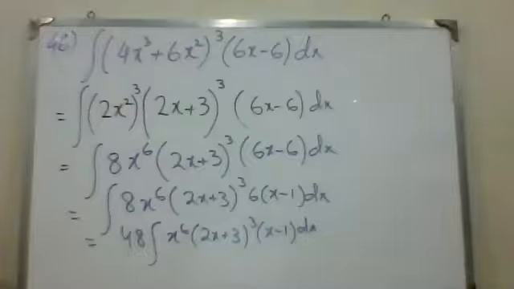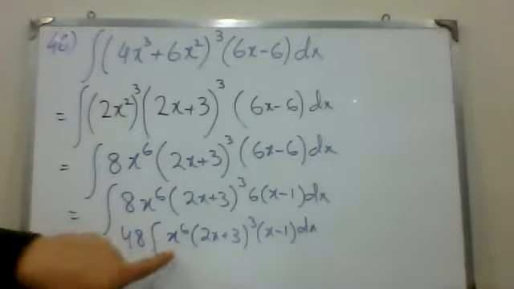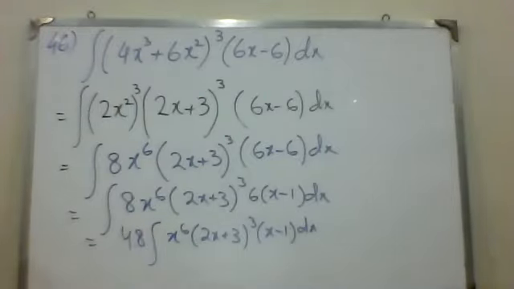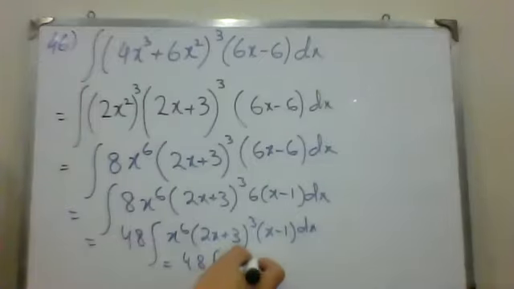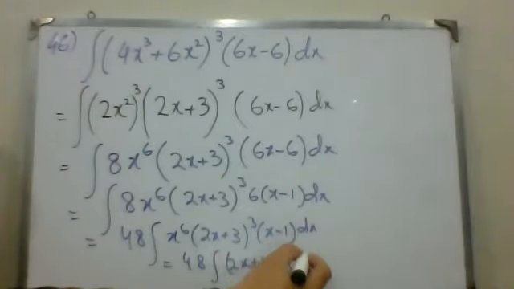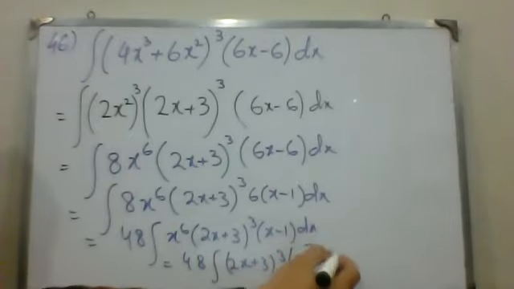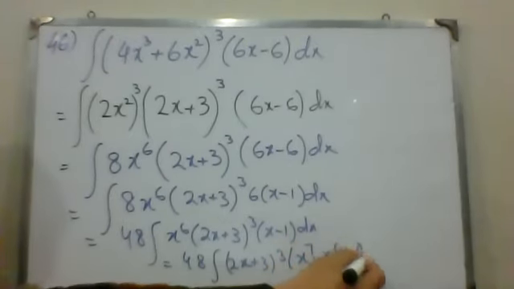Okay, so now next what we can do, if we multiply this term with this, we get from here 48 integral of 2x plus 3 whole power 3, x power 7 minus x power 6 dx.